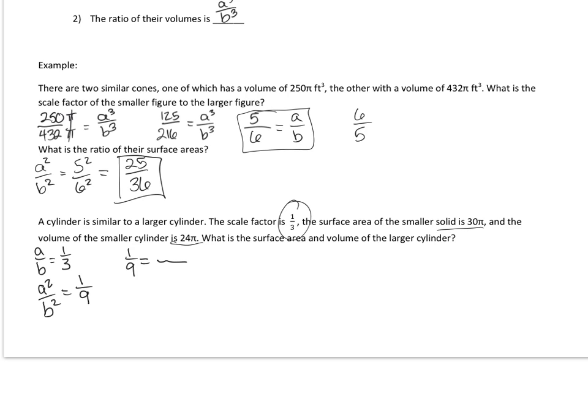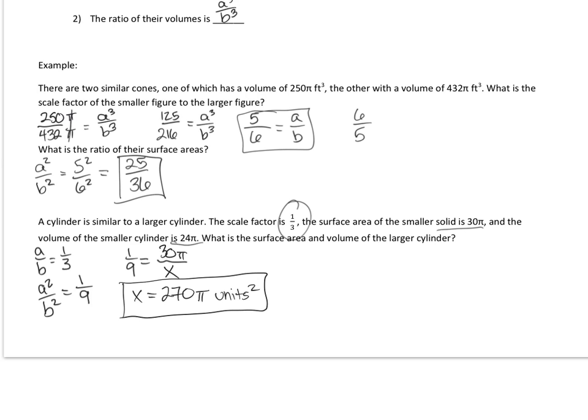Well, they tell me that my smaller solid has a surface area of 30 pi, and I don't know the larger solid, so I'm going to make it x. So I'm going to cross multiply. 1x is just x, and 9 times 30 gets me 270 pi. Well, 270 pi units squared is the surface area of the larger cylinder.